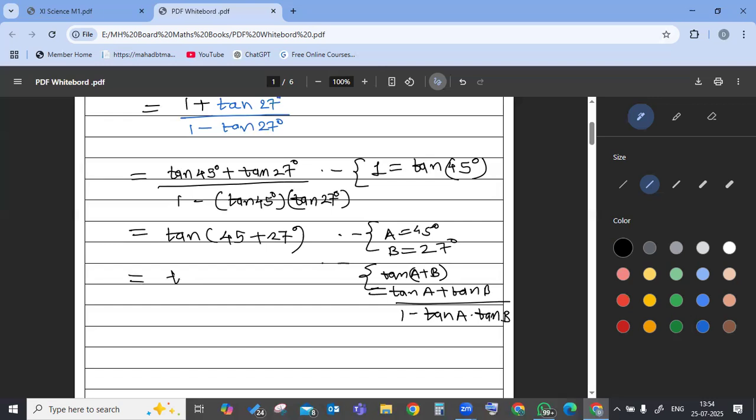So it is equal to what? Tan, what is 27 plus 45? 72, which is nothing but the RHS.